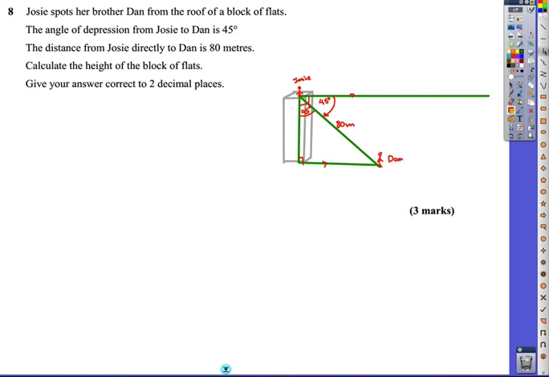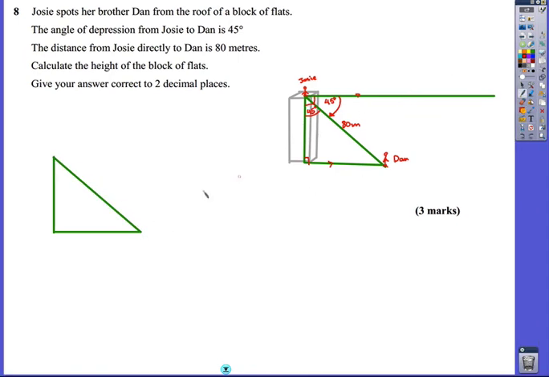I'm going to have to draw the triangle again, much more neatly. So here's our 90-degree angle. Here's Josie. I'm going to use J for Josie and D for Dan. This is 80 meters, and this angle we worked out to be 45 degrees.